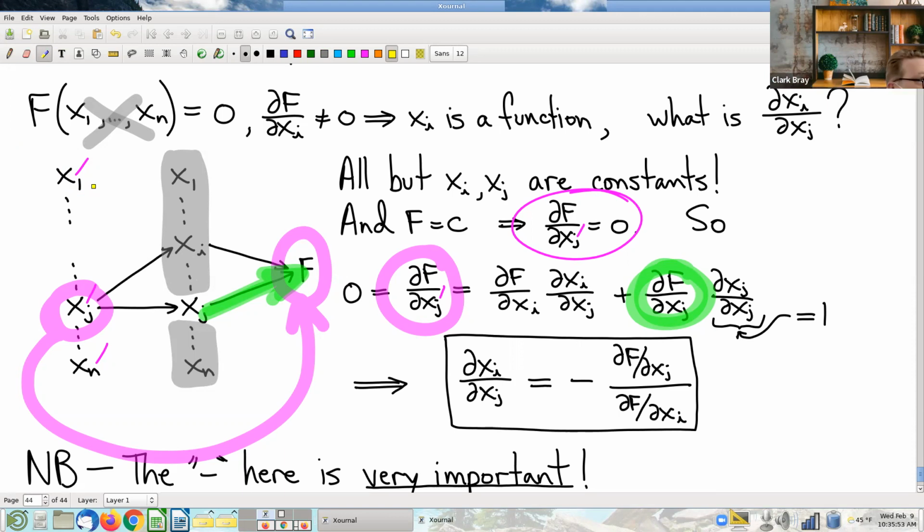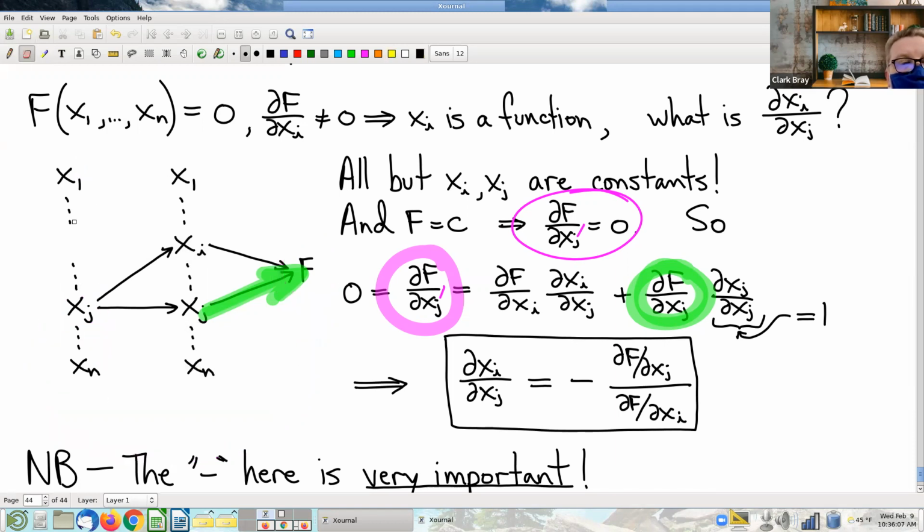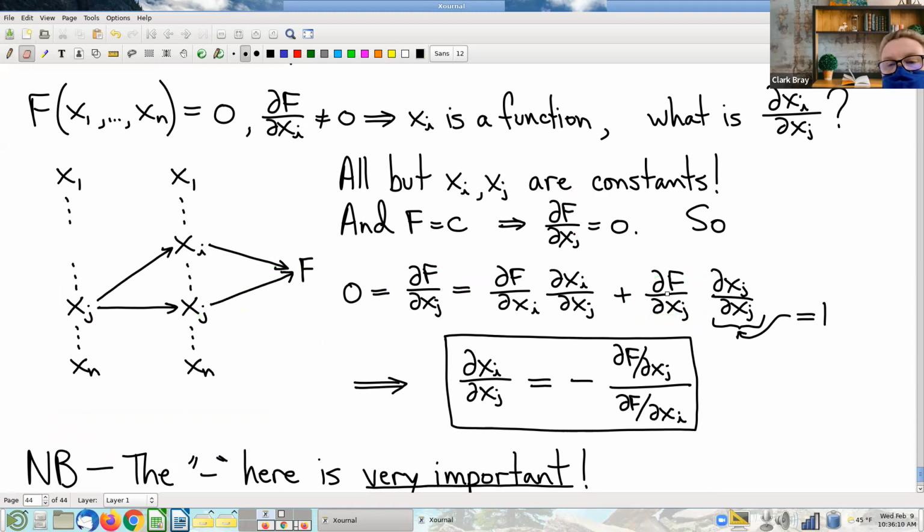It's relatively rare. Yes. Why is f only listed as a function of xi and xj? Well, okay, because let me lose again the mess. We are looking at the partial derivative of xi with respect to xj.